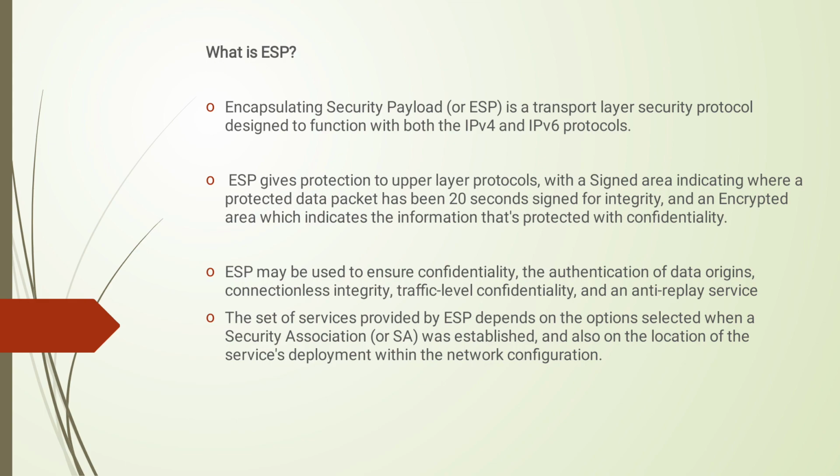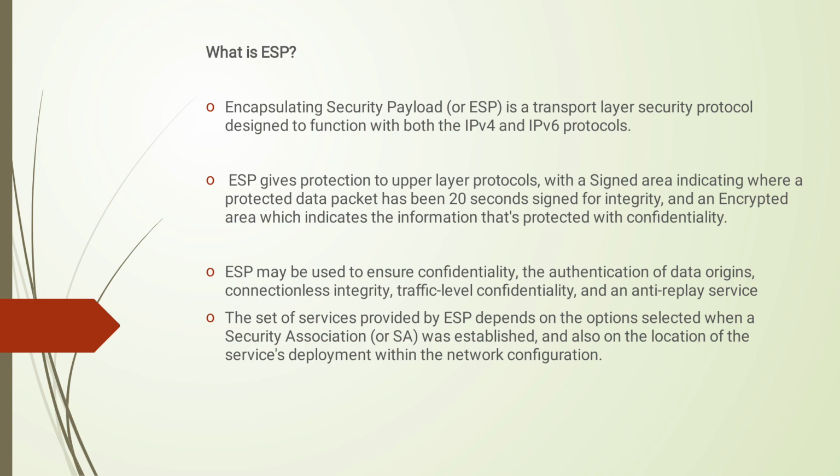ESP gives protection to upper layer protocols with a signed area indicating where a protected data packet has been signed for integrity, and an encrypted area which indicates the information thus protected with confidentiality.